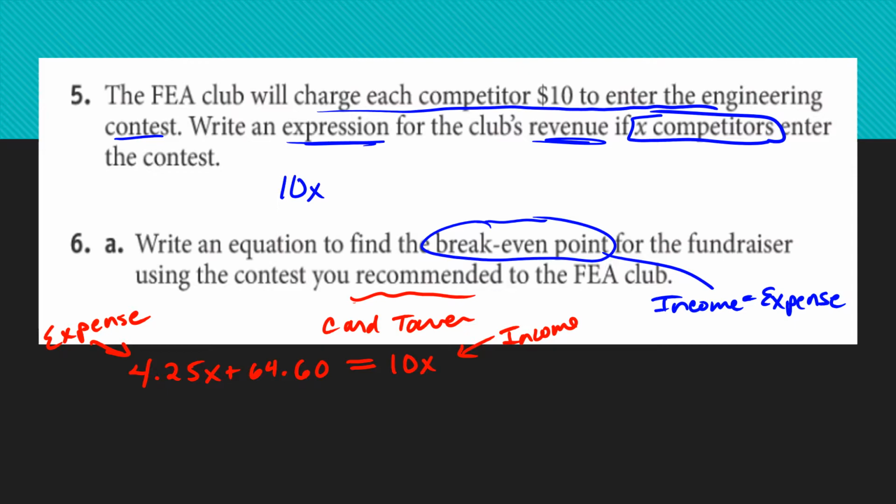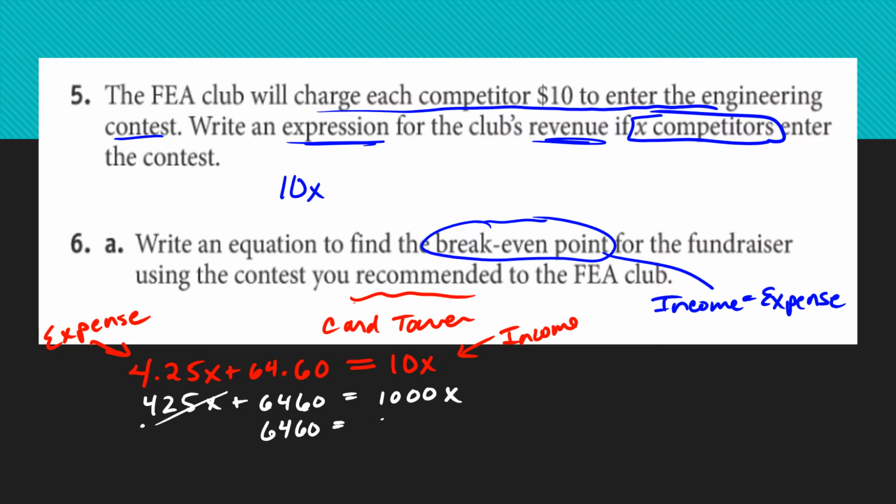So let's see, we could multiply everything by 100 again and get rid of decimals. 425x plus 6460 equals 1000x. And then why don't we subtract our 425x from both sides so that we get our x's on one side, and we'll just keep our constants on this side.